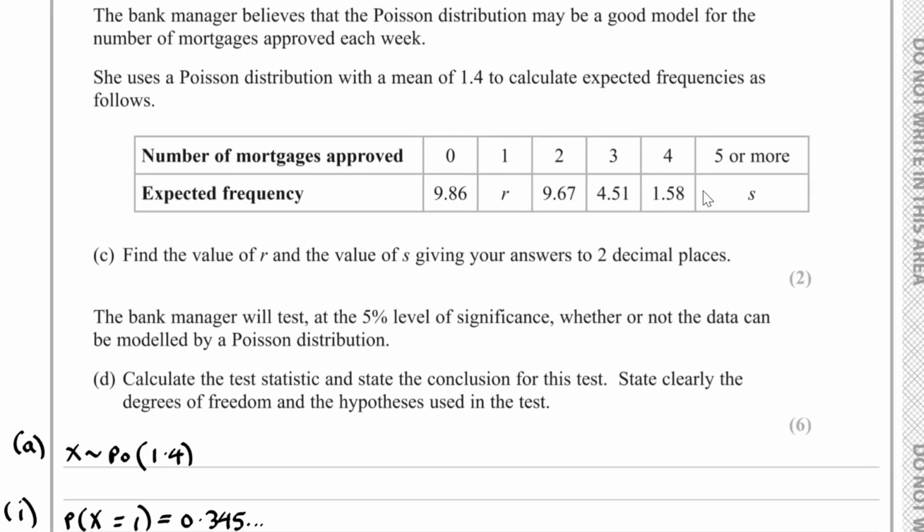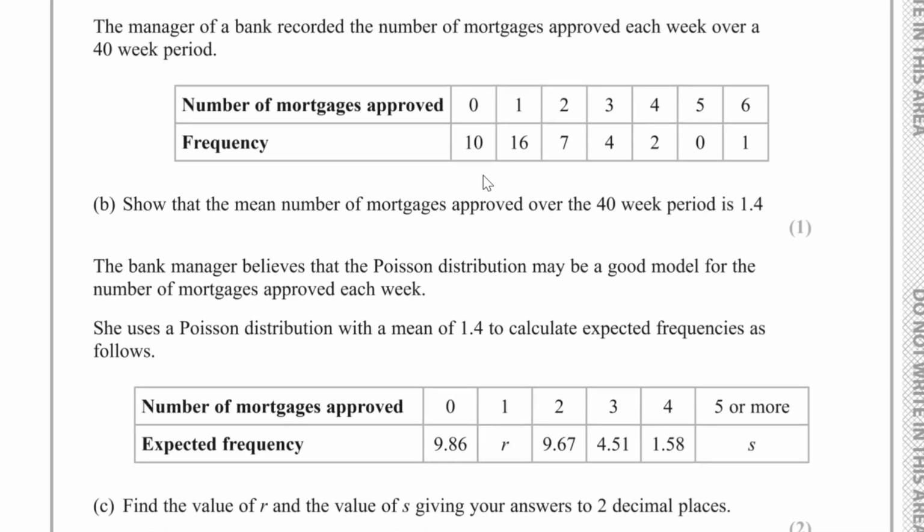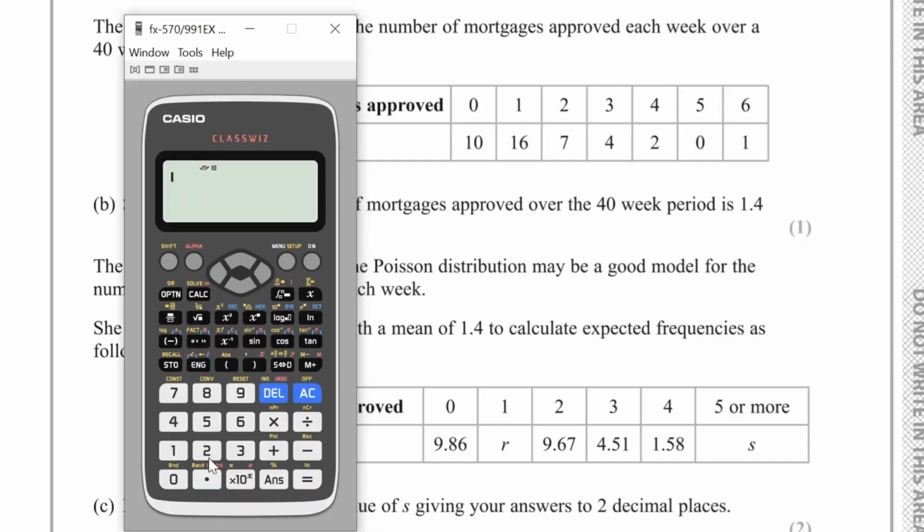First of all, you'd have to recognize here we've got 5 or more. What you'd find over here, if we add all these together, we can find out the total number of observations. So we've got 10 plus the 16 plus the 7 plus the 4 plus the 2 plus 0 plus 1.